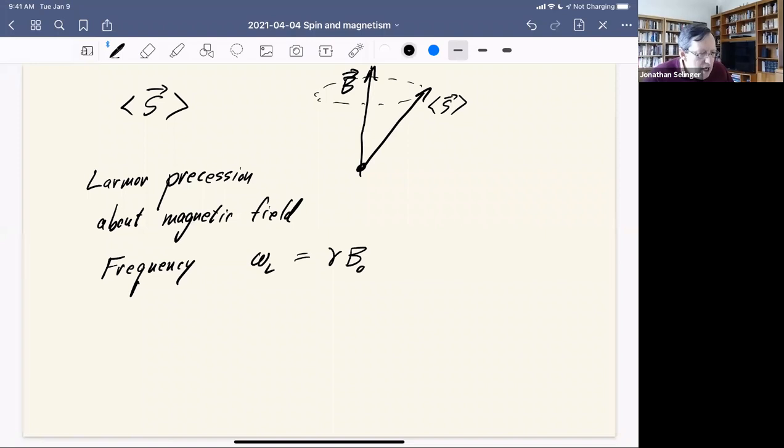So this is indeed a quantum mechanical version of the classical result for precession. So this is something that quantum mechanical spins do. Okay? And so for quantum mechanical spins, we could calculate this precession property.